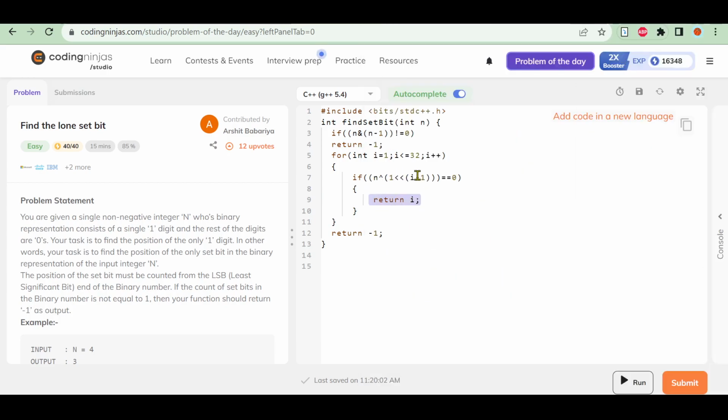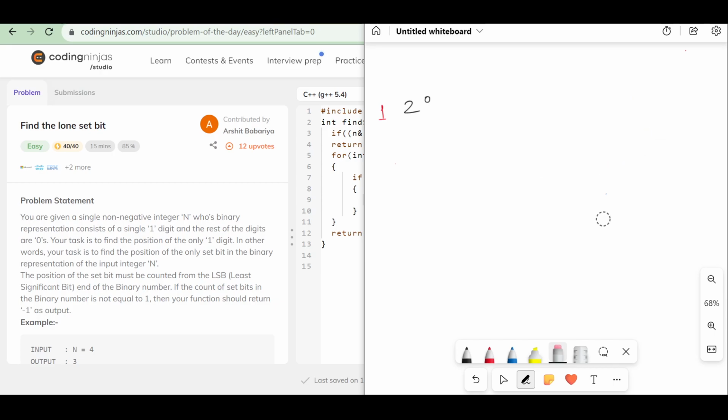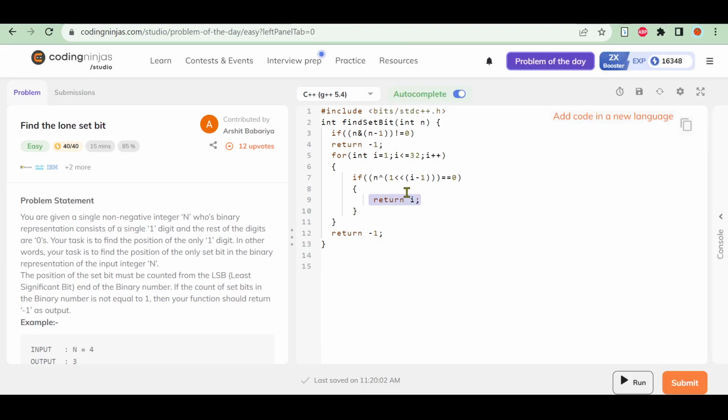Now what I am doing here is a left shift operation for moving this 1. Suppose we have 8, which in binary form is 1000. First 1 will be left shifted by 0 positions.